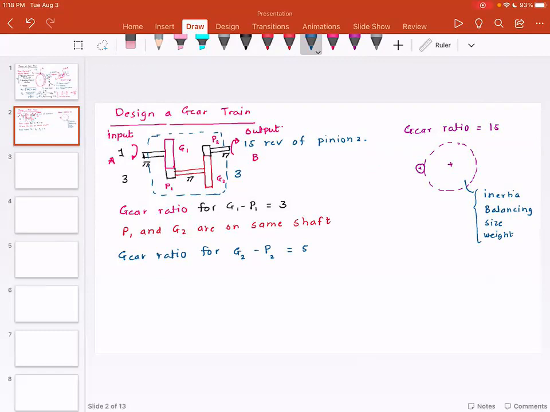Especially think about a high-speed transmission. You can't have a very large gear rotating at very high speed because a teeny tiny imbalance would actually cause very high forces, and that would generate very high bearing loads and so on. So we want to be careful when we design the gears.